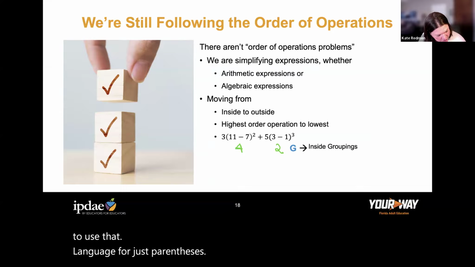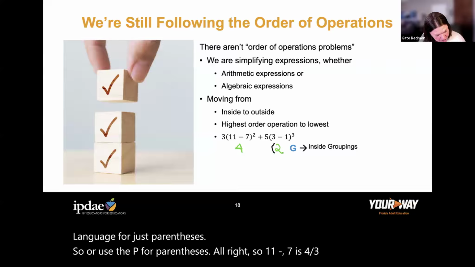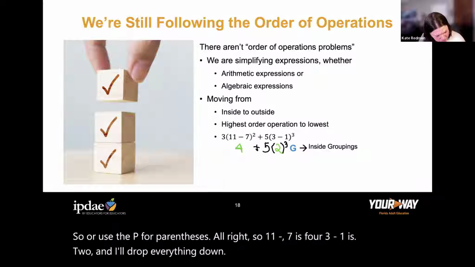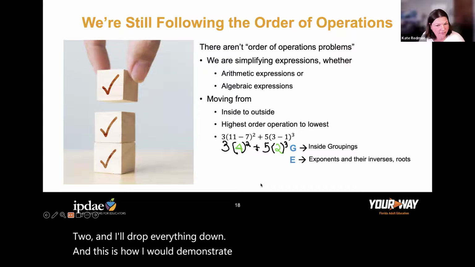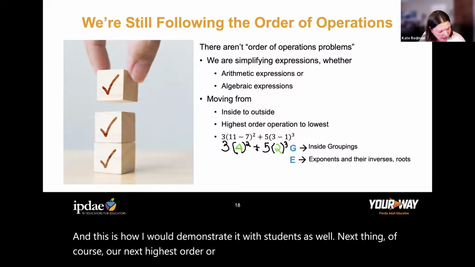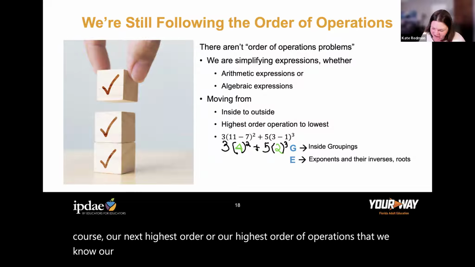All right, so 11 minus 7 is 4, 3 minus 1 is 2, and I'll drop everything down. And this is how I would demonstrate it with students as well.